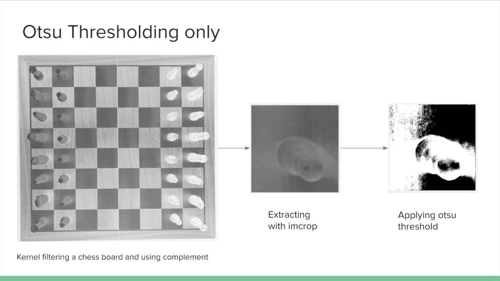And this is the image that I get from it. As you can see, this is the chess piece, and this is the lighter part of the white background of the chess piece, and this is the darker part of the white background of the chess piece, and that's how the Otsu thresholding algorithm is dividing it.